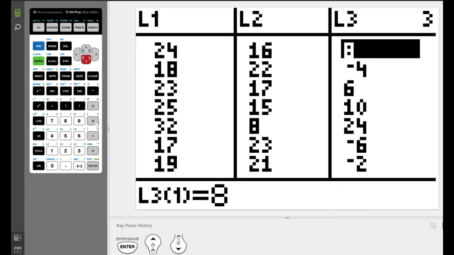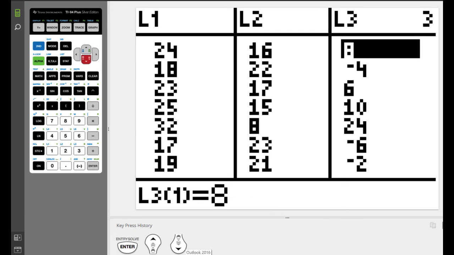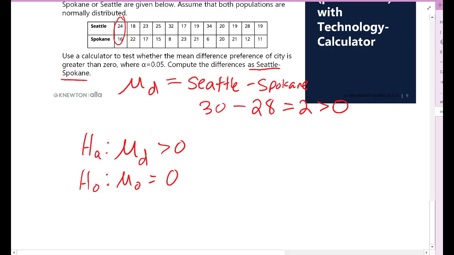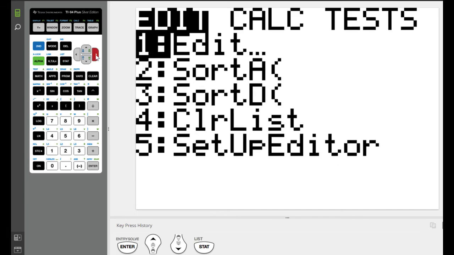Now that we've created our L3, we've collapsed the two data sets into one data set. Now you're going to perform a t-test on L3. You always do a t-test for the dependent data set. We go to the Stat, Test menu.